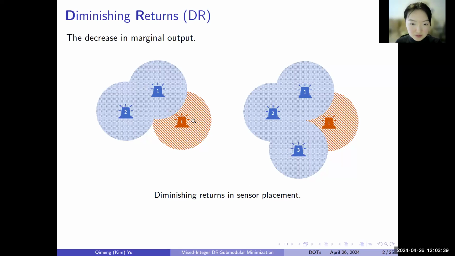And the orange striped regions represent the respective marginal contribution if we were to add an additional sensor in location I. What we observe is that the more sensors we have already installed, the less additional benefit we gain by adding another one. So in short, the marginal contribution of additional sensors diminishes. That's where the diminishing returns phenomenon shows up.